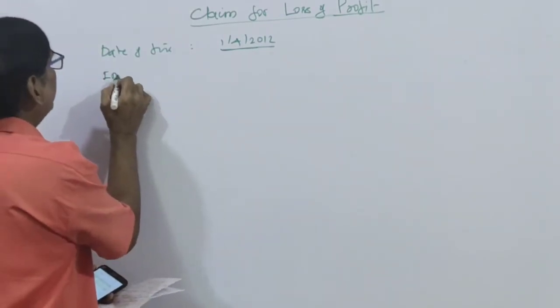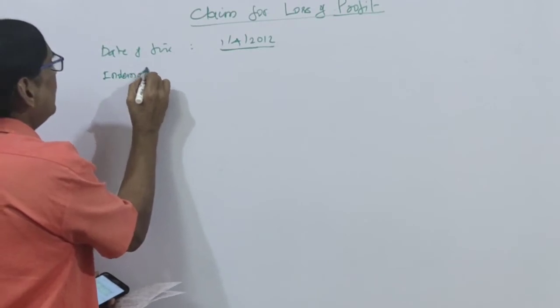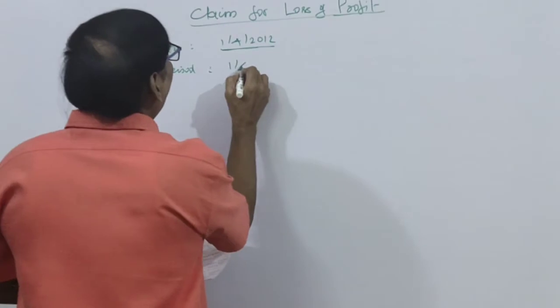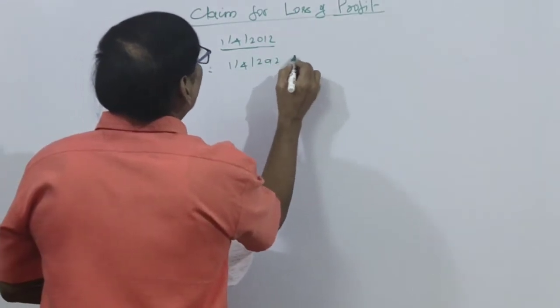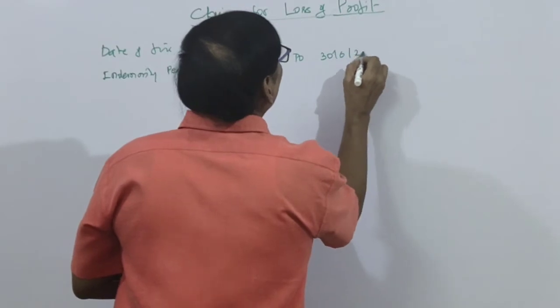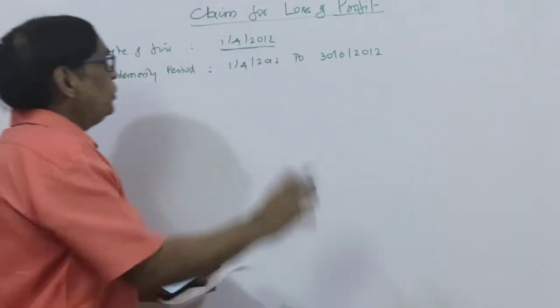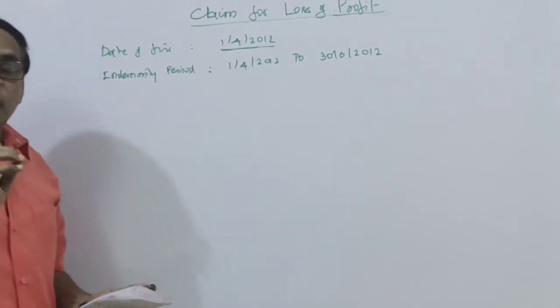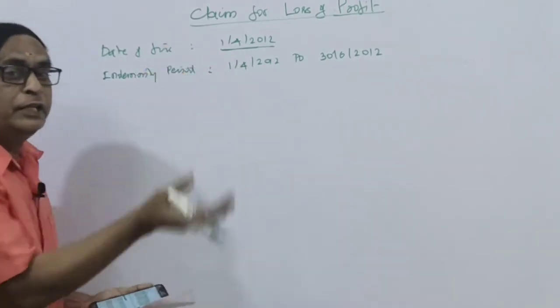So the indemnity period is 3 months, 1/4/2012 to 30/6/2012. So this period has been affected because of the fire. So you have to find out the corresponding period in the previous year.